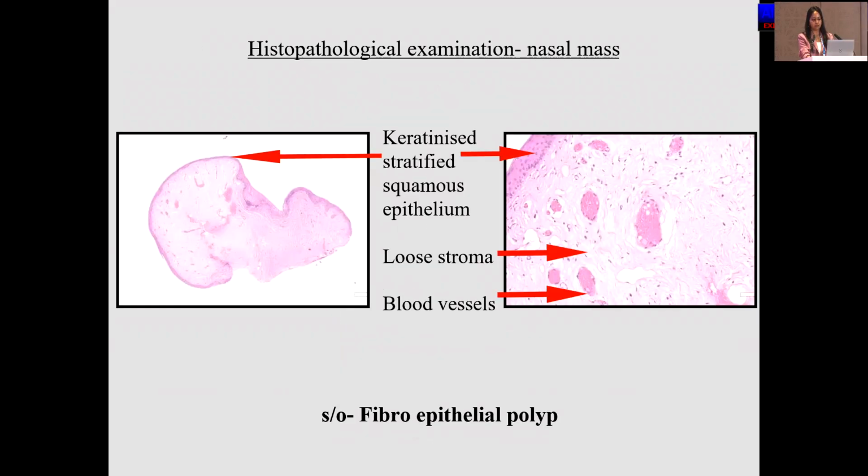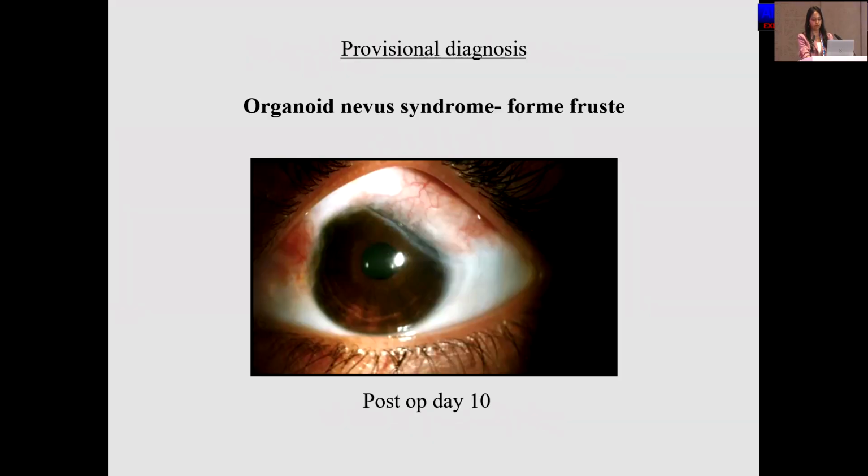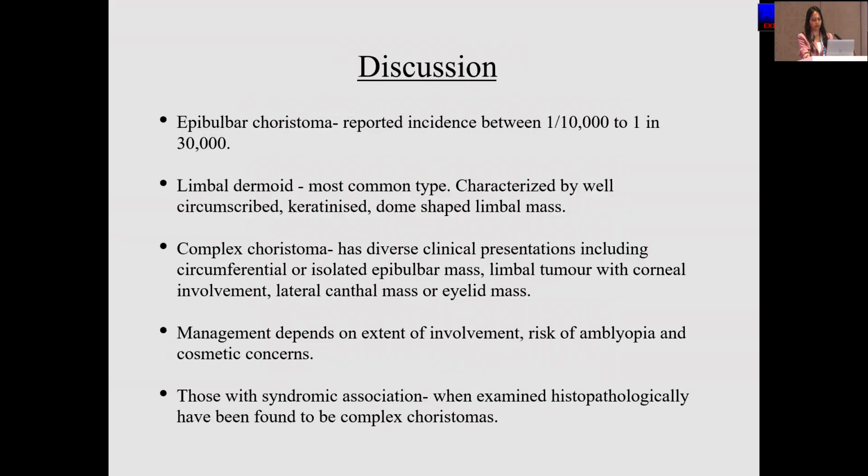The nasal mass consisted of keratinized stratified squamous epithelium, loose stroma, and blood vessels, suggestive of a fibroepithelial polyp. So with the features of epibulbar complex choristoma, arachnoid cyst, and cutaneous lesion, the child was flagged as a case of organoid nevus syndrome forme fruste. The following picture is a post-op day visit where the healing is still in process. The patient was also advised patch therapy to recover from amblyopia.